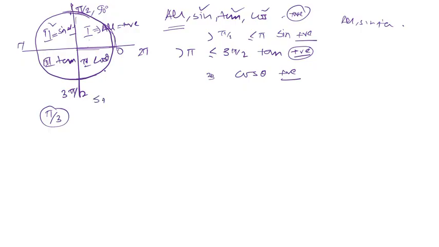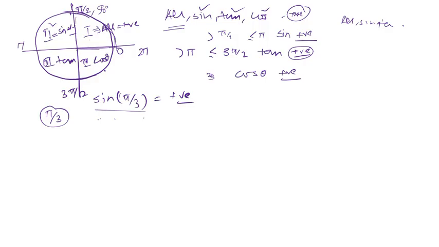So if I take sine pi by 3, the value will be positive. The actual value will come later, but now we can know the sign of the function will be positive. Not only sine, anything I take with pi by 3, sine, tan, cos, will be positive because it is falling on the first quadrant.